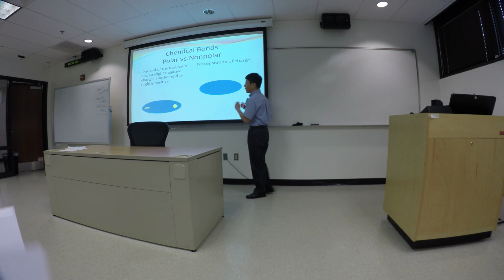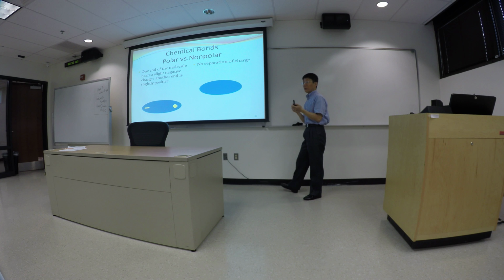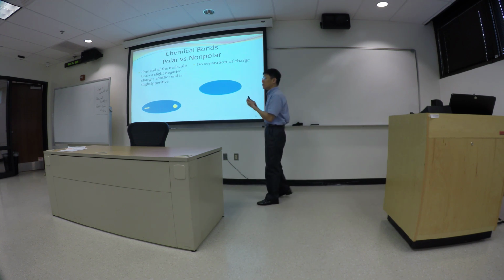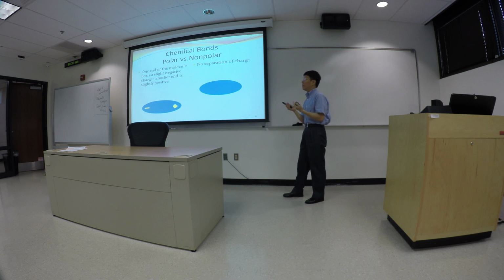We look at the situation of electron sharing within the chemical bond. If you can detect that one end of the bond is more negative than the other, so there is an obvious separation of charge, then we have what we call a polar bond.